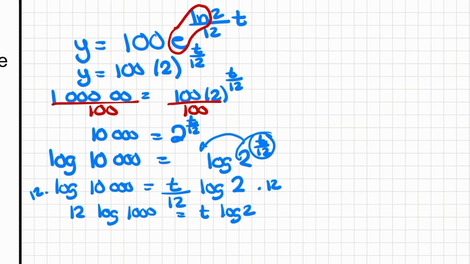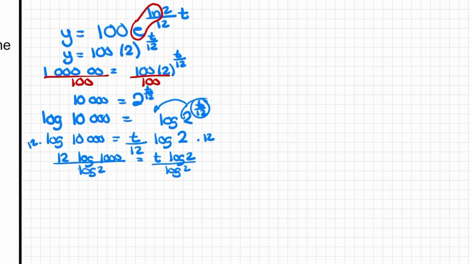Going to divide out by that log 2 because remember, we want to get t by itself. So t is going to be equal to 12 log 10,000 all over log of 2.